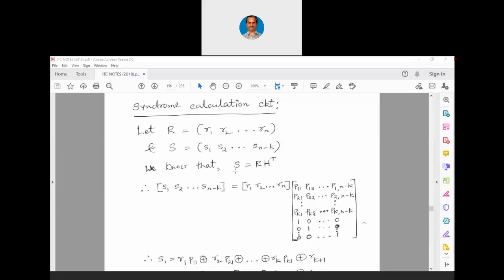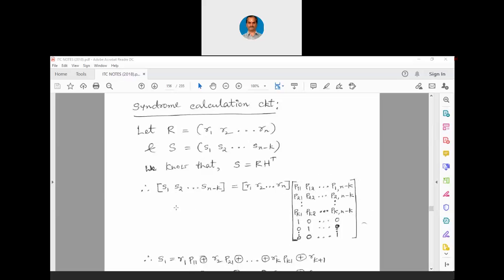So we can write the equation S equals R into H transpose as S1, S2 till S(n-k) equals R1, R2 till Rn into, please recall the construction of the transpose of Hamming matrix. Here I have written the transpose of the Hamming matrix, where the identity matrix is coming down and that parity matrix is coming up. So this is the transpose of Hamming matrix.